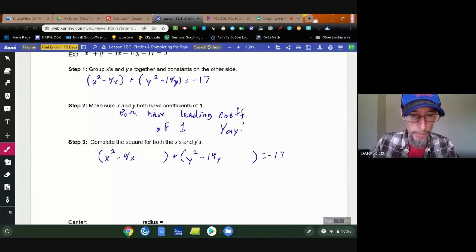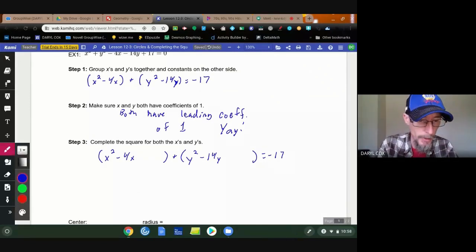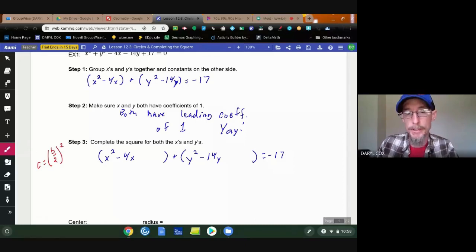So hopefully you were able to remember, oh yeah, that was easy. That's where we just took whatever the b term was, divided by 2, and squared it. So that's all I've got to do to get my c term. So in this case, for the 4, I'm going to do 4 divided by 2 and squared. Well, 4 divided by 2 is 2. 2 squared is 4.